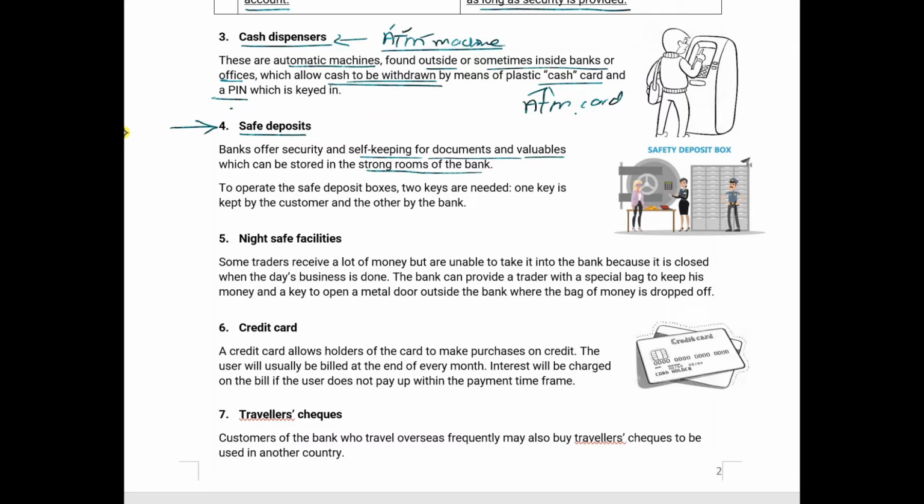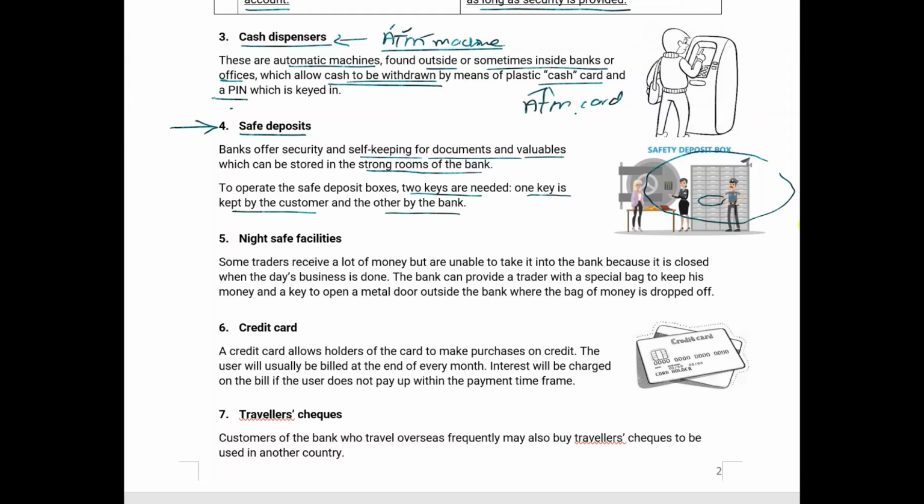It will look something like this. You will have a slot over here that you rent from the bank, and then you pay money. To operate this safe deposit box, 2 keys will be needed. One is kept by the customer and one by the bank.